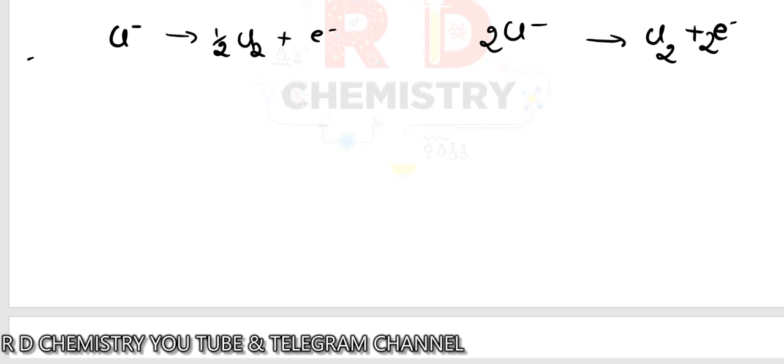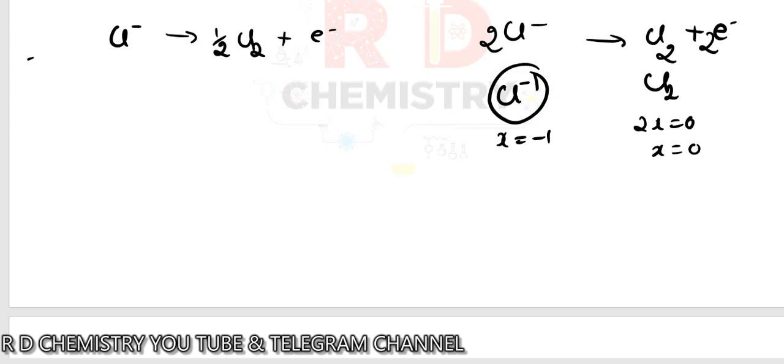For chloride, the charge x is equal to minus 1; for chlorine Cl2, 2x is equal to 0, so x is equal to 0. So the change in oxidation state is 1 unit.